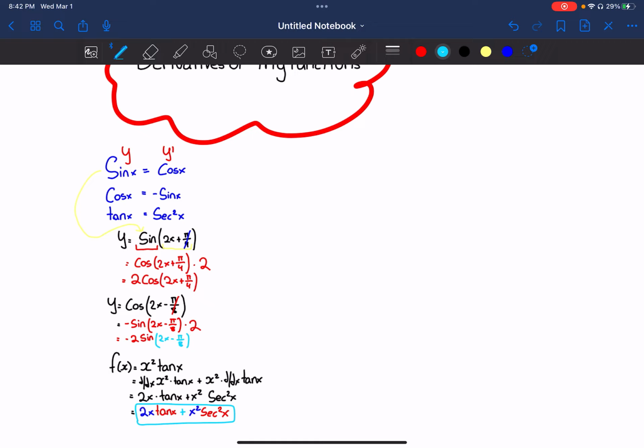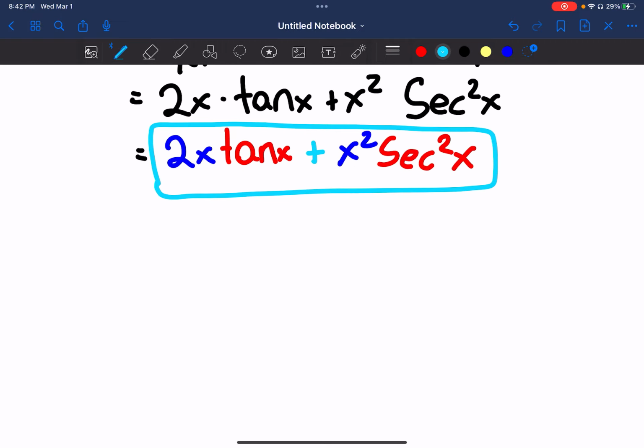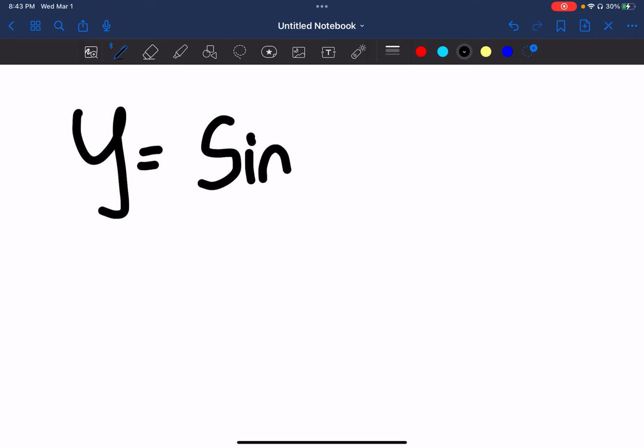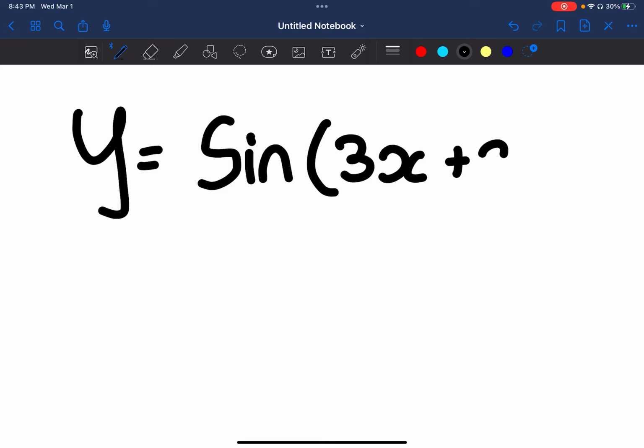Yeah, let me continue going on with some more examples. I guess I have more space on here, I'll use it. So let's say we have y equals sine of 3x plus 2.